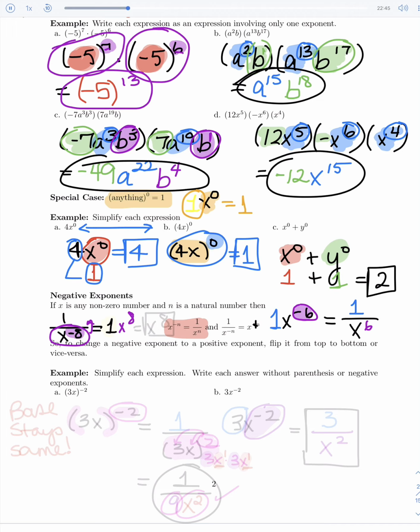Then, once we're at this point, that 1 isn't necessary to write anymore, so we can re-hide it, and it just becomes a regular x to the 8th power.